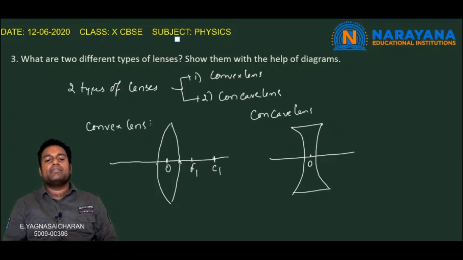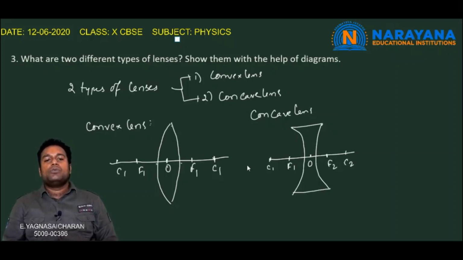Similarly, for the second surface, we have F2 and C2. In the concave lens, the focus and center of curvature lie on the same side for one surface, and for the other curved surface, F2 and C2 lie on the opposite side.